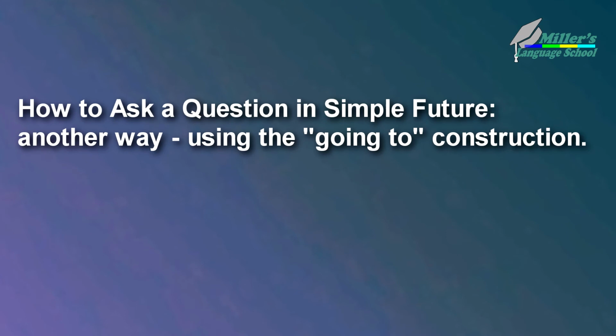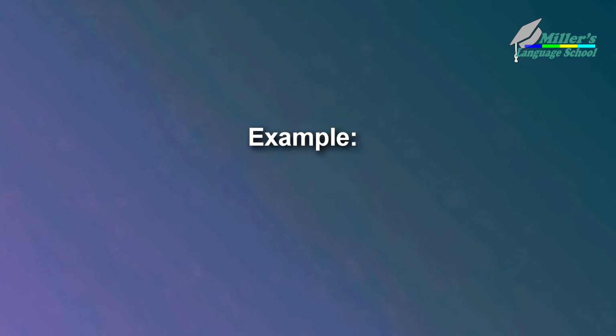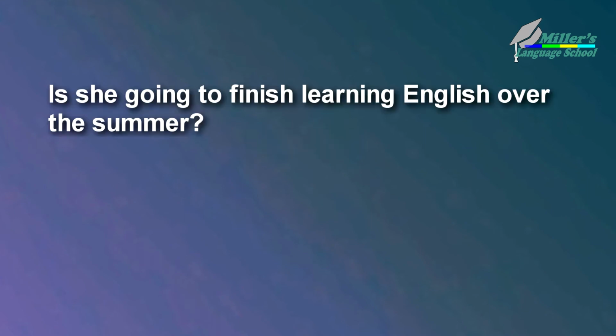How to ask a question in simple future. Another way, using the going to construction. The formula for the going to: am, is, are, plus subject pronoun, plus going to, plus verb. Example: Is she going to finish learning English over the summer?